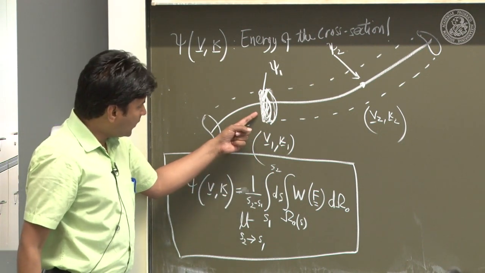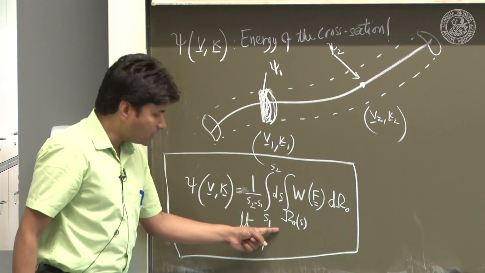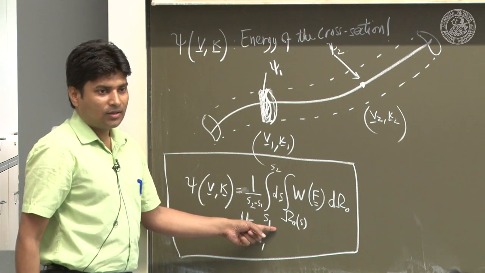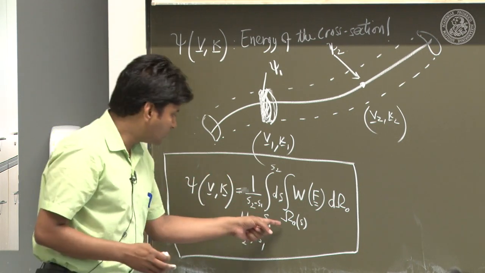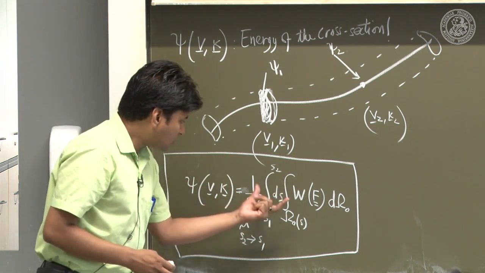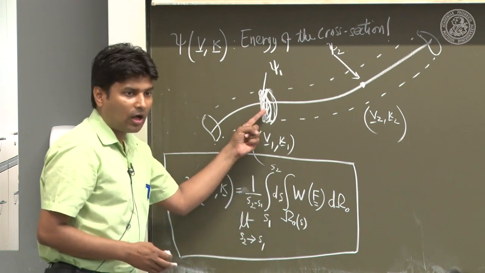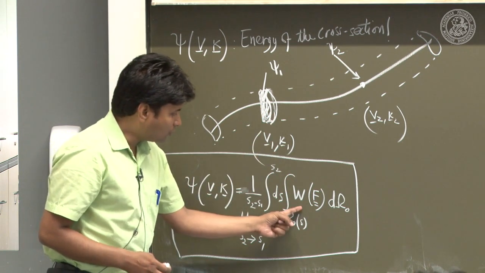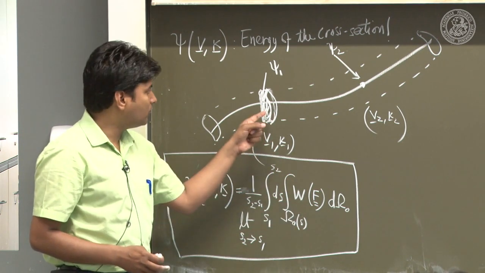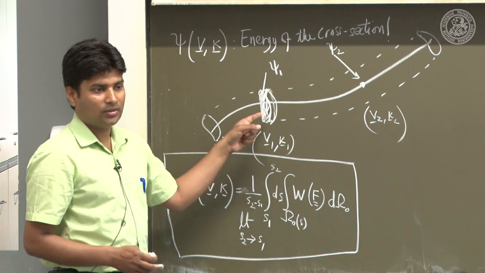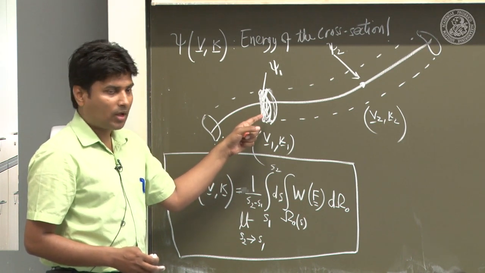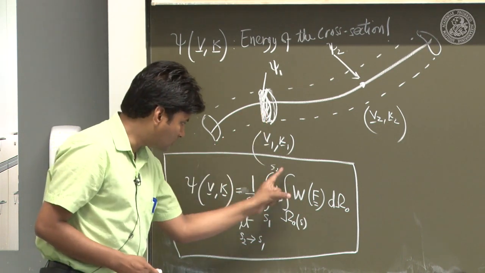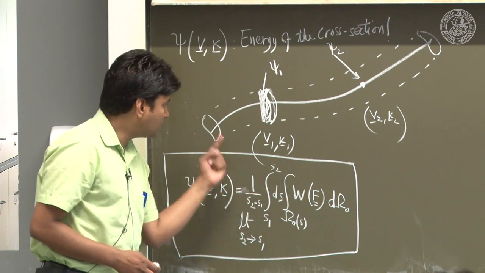But this energy, when you work out in the Lagrangian framework, is simply integration over the undeformed volume of this part, of W. So, you have to integrate W over the undeformed volume of this domain, and this undeformed volume I have broken into two parts. One is over the cross section and the other over the arc length.